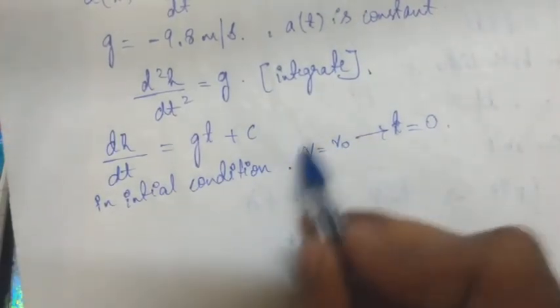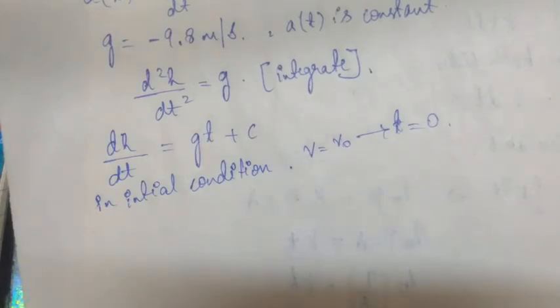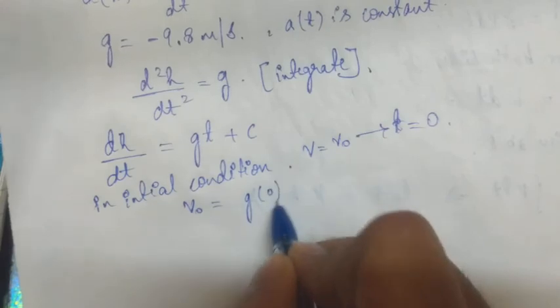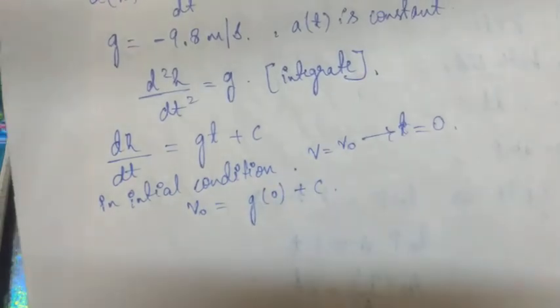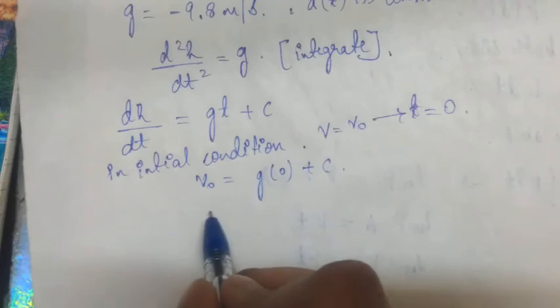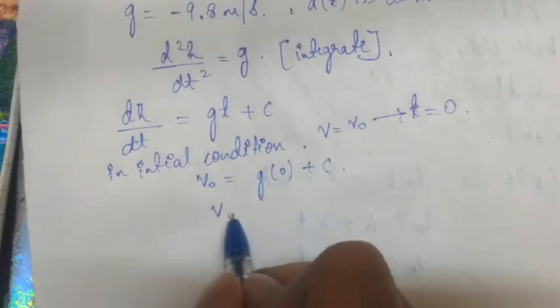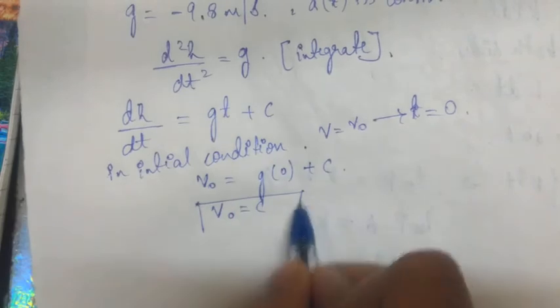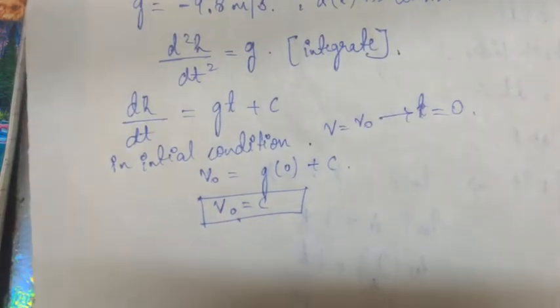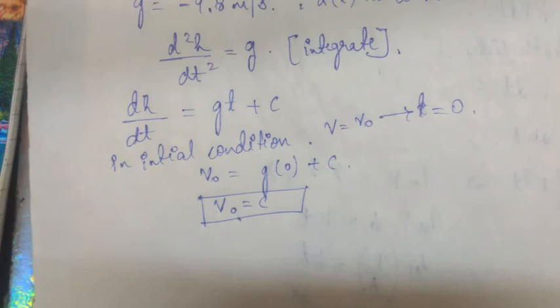Let's substitute here. We get v naught is equal to g of 0 plus c, so v naught is equal to c. So at the initial condition, the constant c is the initial velocity.